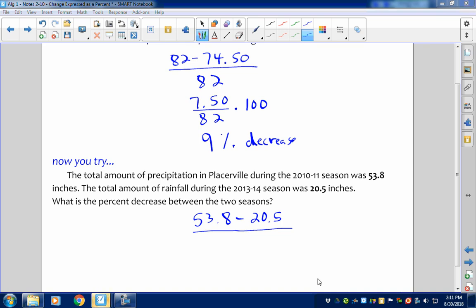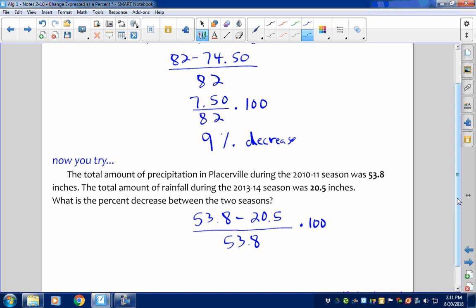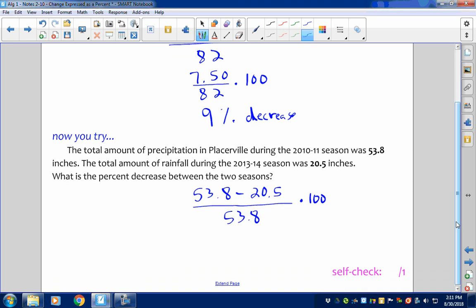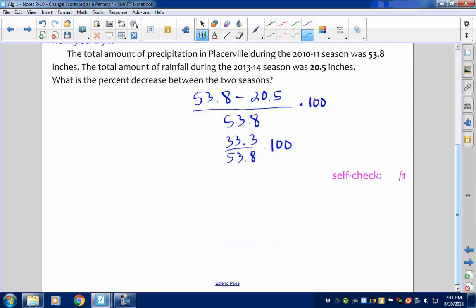The 53.8 was the original, yeah. So do that and then times 100. 53.8 minus 20.5 is 33.3. So 33.3 over 53.8 times 100. Don't forget the times 100.